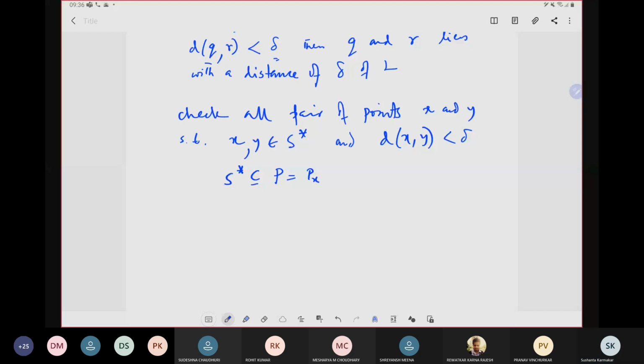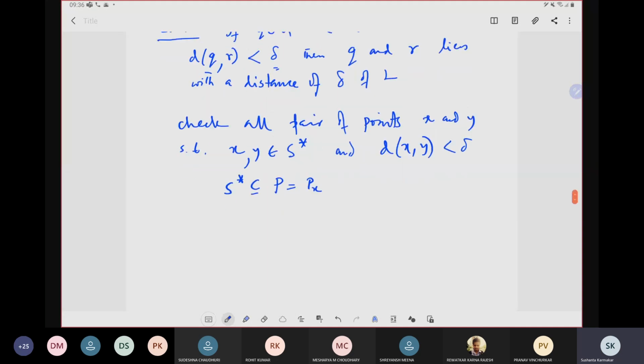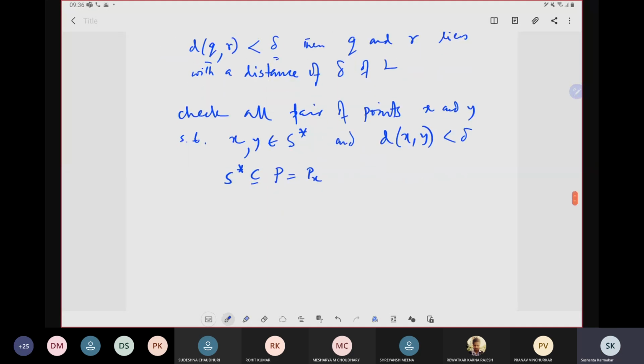Now, let Sy be all this set of points in this strip region. So when I have S star, this S star is again a set of points. First of all, how do I get S star?